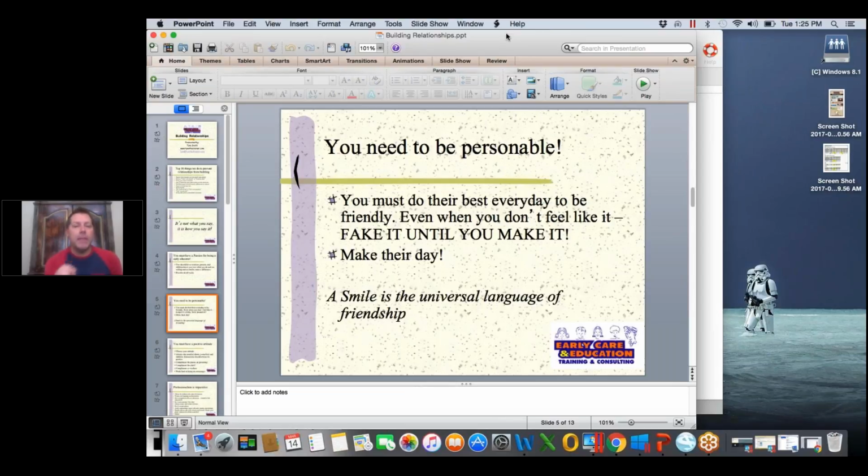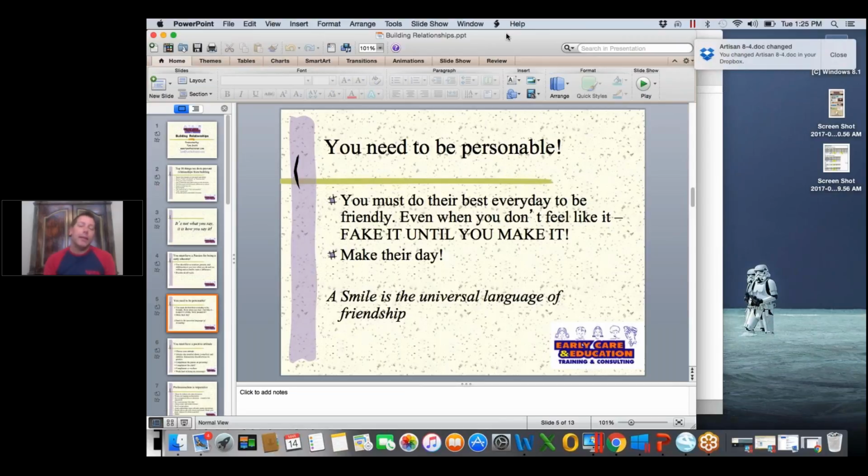And make sure that you set a goal to just make their day. Every single day, make their day. Go for the wow factor. And again, we want to teach this excitement and this energy, and we want it to go back to the kids too. And remember, the smile is the universal language of friendship. No matter what country you're in, no matter what language you're speaking, a smile is always going to bring you closer together.